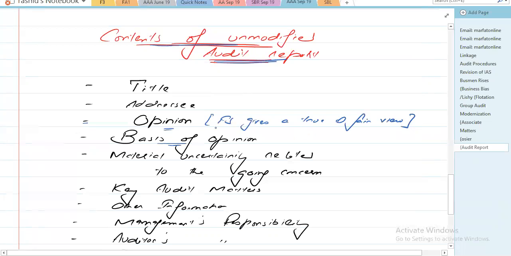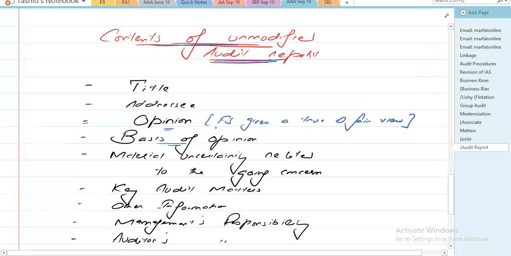Why you are expressing the above opinion. Basis of opinion means the reason why you are giving the unmodified opinion. So here the auditor will be explaining that we have gathered the evidence and the evidence is sufficient and appropriate. That is why we are giving this unmodified opinion.